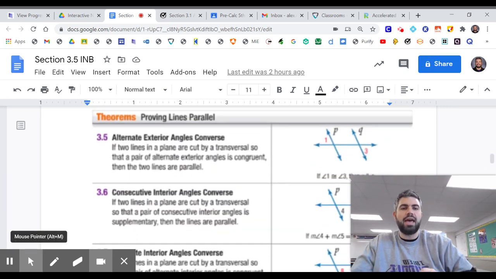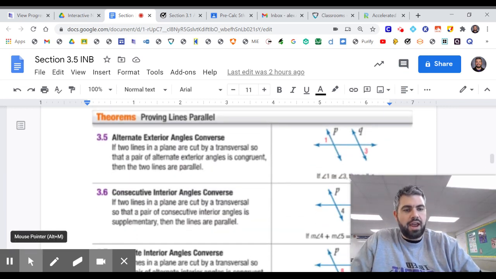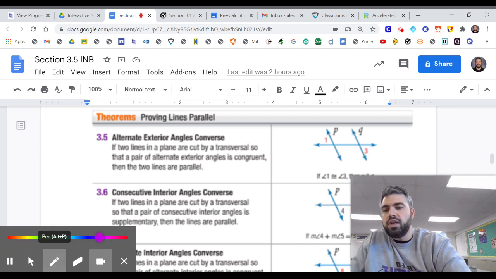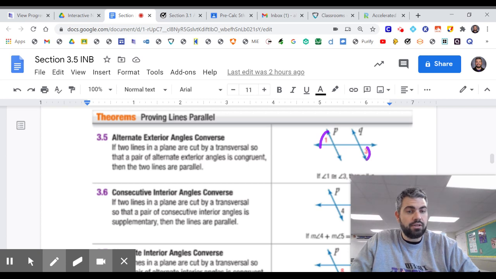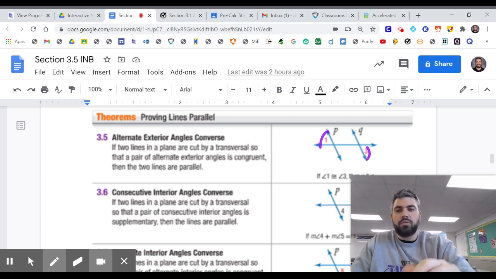Well, the first one we have is alternating exterior angles. So basically, if we know that we have two alternating exterior angles that are congruent along the same transversal, we know that our lines P and Q here would be considered parallel. They're going to be parallel if those alternating exterior angles are congruent.